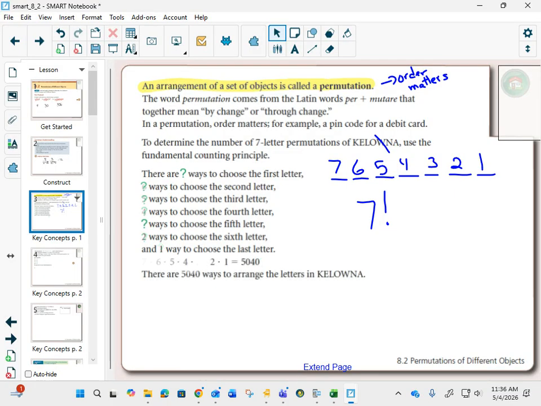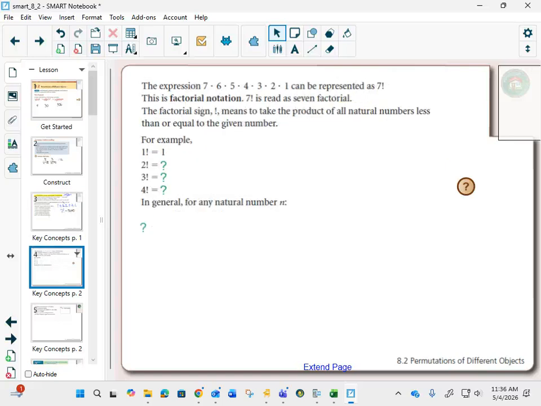And if you multiplied all of those together, you get 5,040. That exclamation mark is called a factorial, and this is called factorial notation.